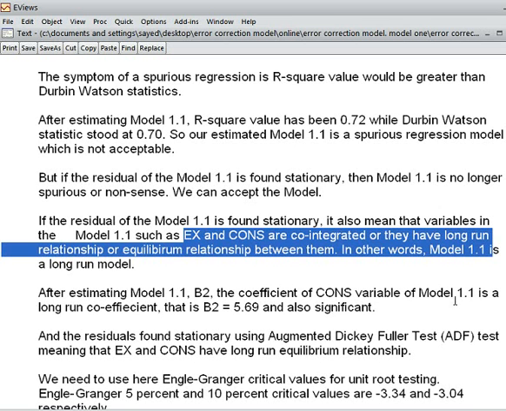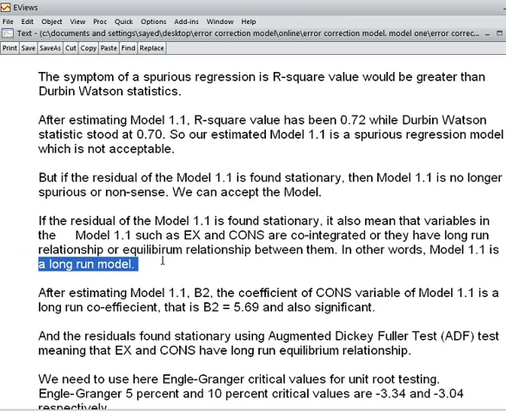So model 1.1 is a long run model in that case, if the residual is stationary.